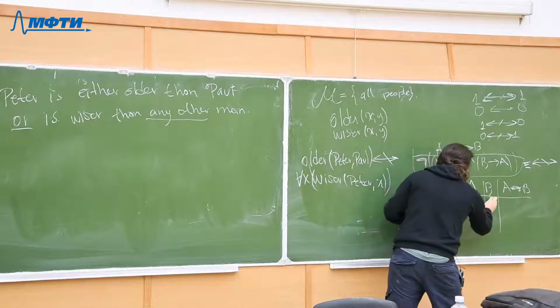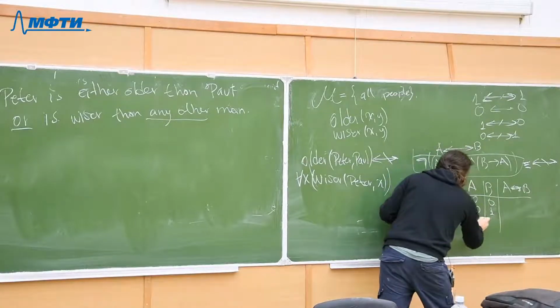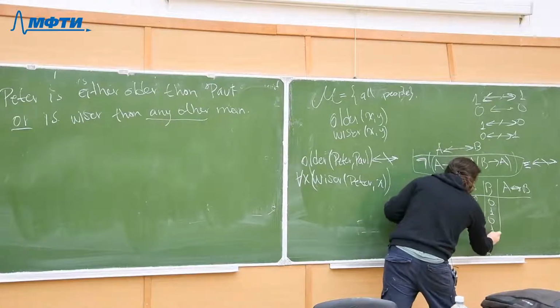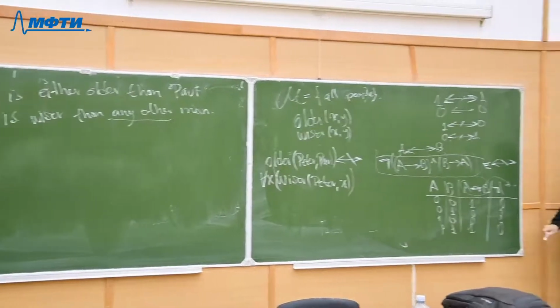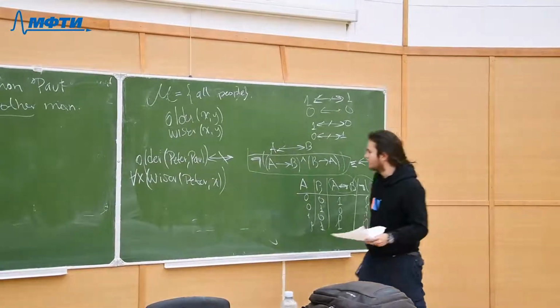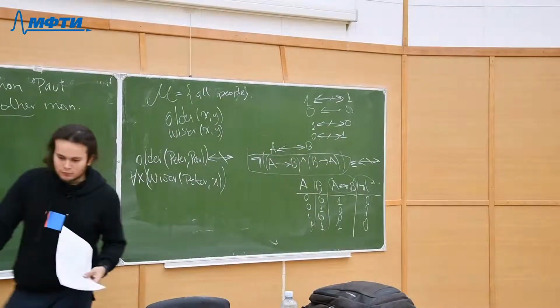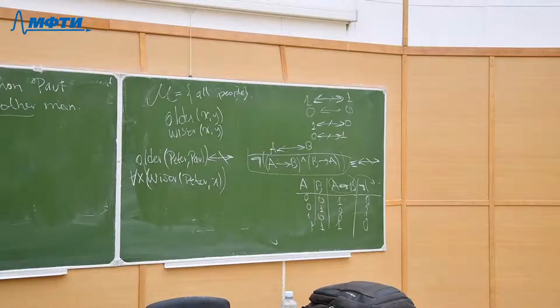So we have 0 0, 0 1, 1 0, 1 1. So we have 1 in two cases, in this case and in this case, right? And now if we are defining the negation of this, then we should obtain 0, 1, 1, and 0. Yeah? Okay. And that's it, okay? So next.